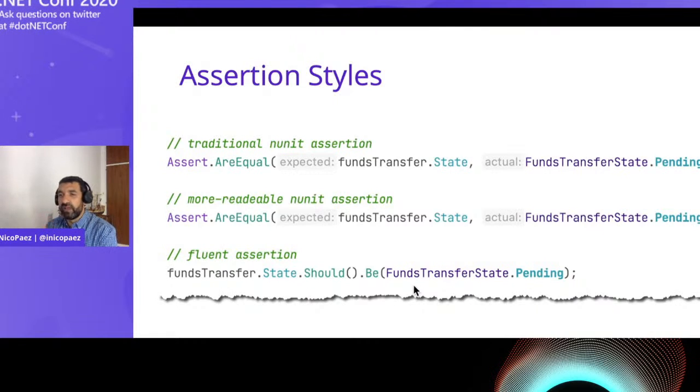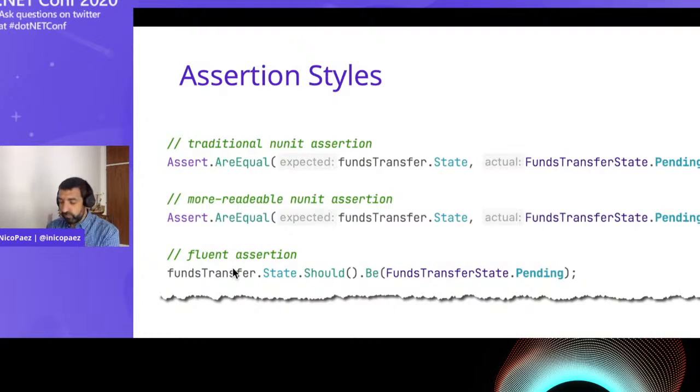This slide is not updated. I will show this in code. It doesn't matter. In recent years, NUnit added another assertion that is called Assert.That, and that allows a bit better, more readable way of assertions. And the last one that I want to focus on here is the fluent assertion.